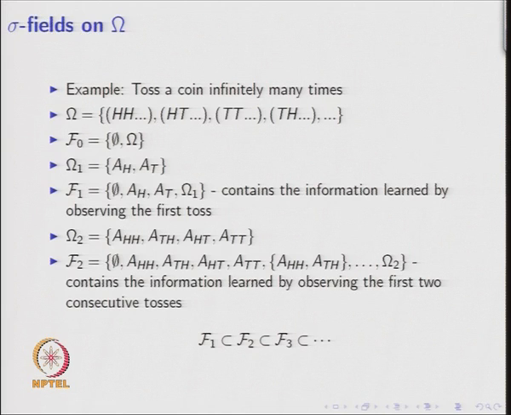So, using omega 2 we are creating the largest sigma field F2. Like that you can create omega 3 F3, omega 4 F4 and so on, and all those Fn satisfy this property, and the limit exists as n tends to infinity. This sigma field is going to be denoted by the letter F. So, this is the way one can create the sigma fields on omega.